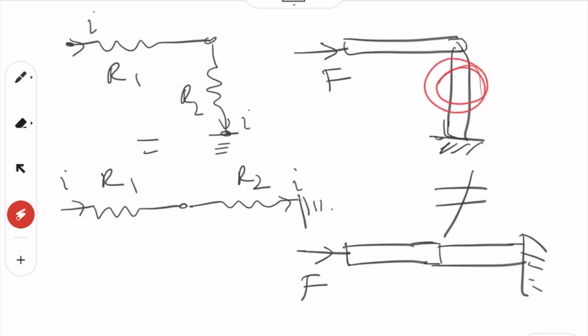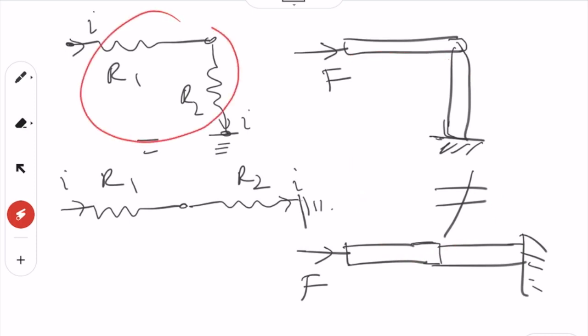Especially this one, in fact it is going to bend, but in this case it is not going to bend, it will take the axial load. In this case there will not be a net axial load. So hence this and this configuration are not the same, hence the formulation of this will be different from this one.